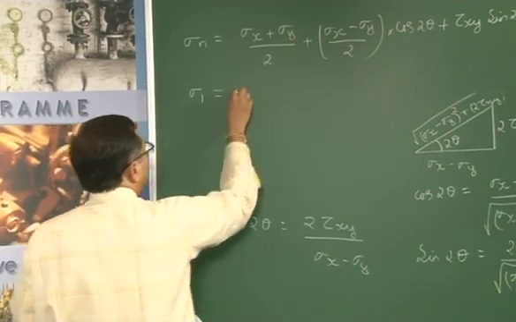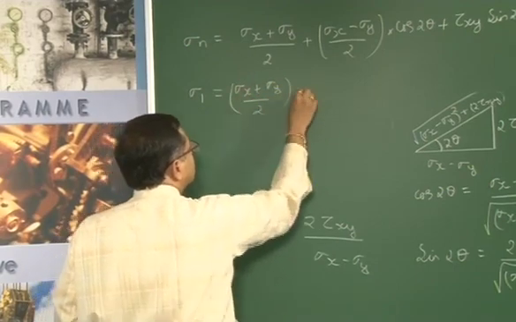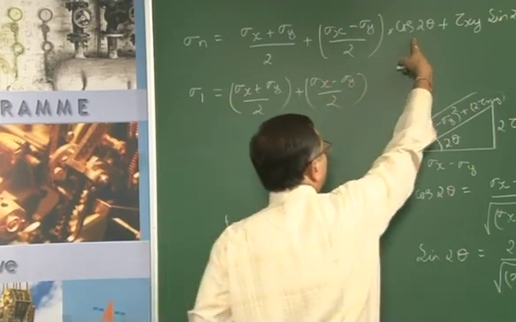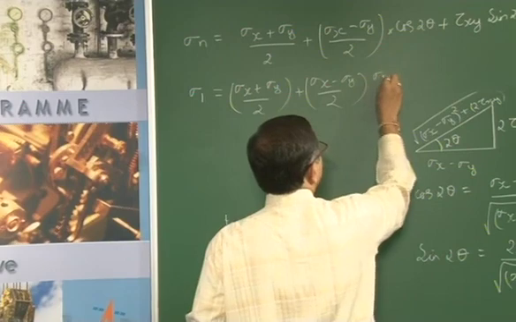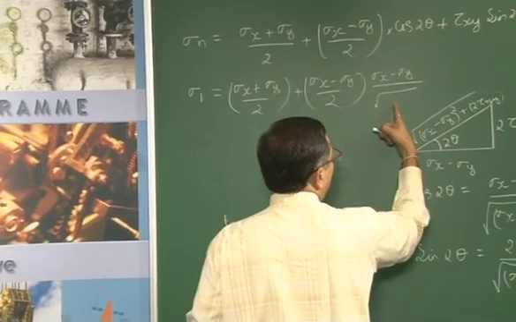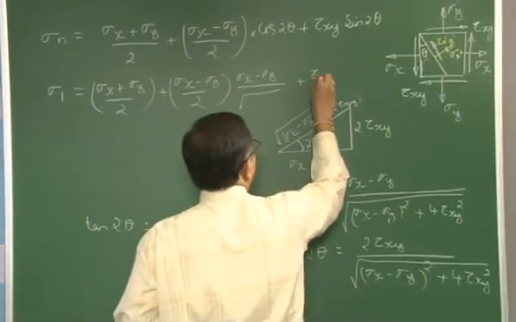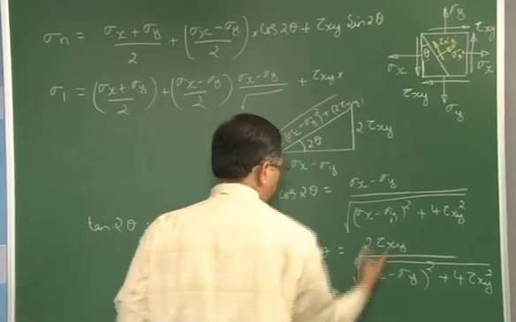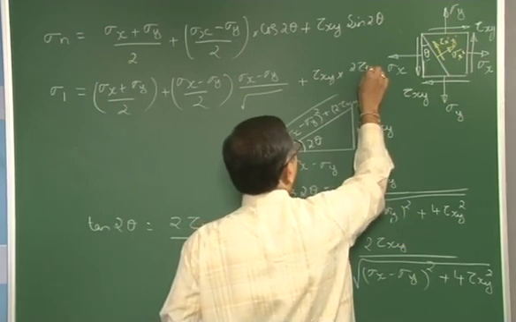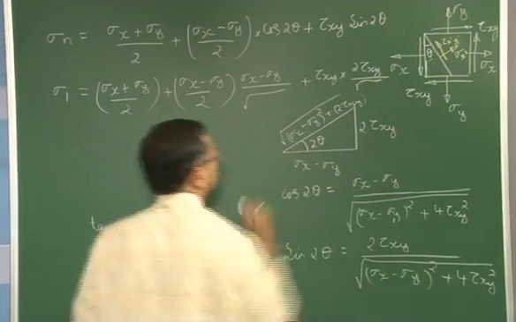So, this would be equal to sigma x plus sigma y by 2 plus sigma x minus sigma y by 2 into, substituting for cos 2 theta, sigma x minus sigma y divided by the square root expression given here, I will not write that because it is there over here, plus tau xy into, for sin 2 theta I am substituting 2 tau xy divided by the same root expression.